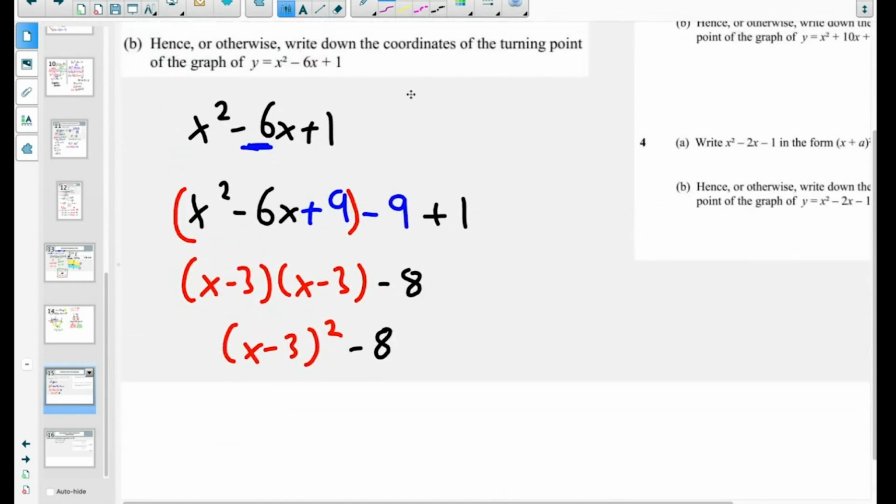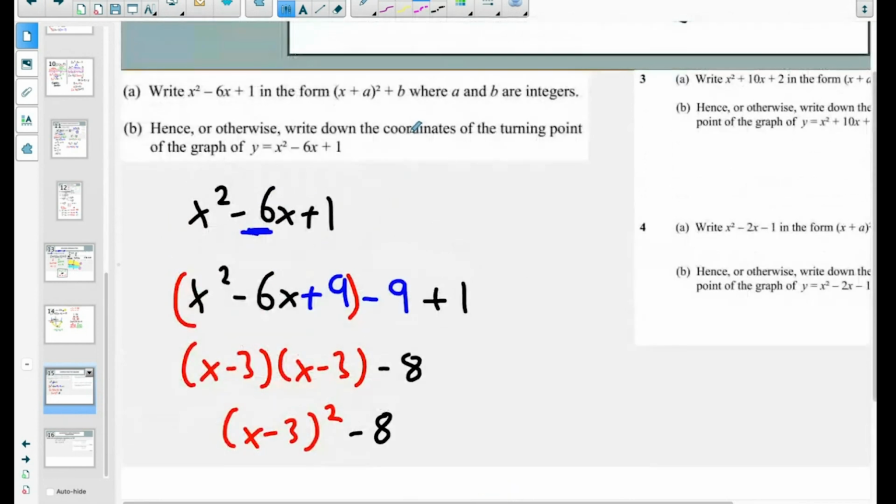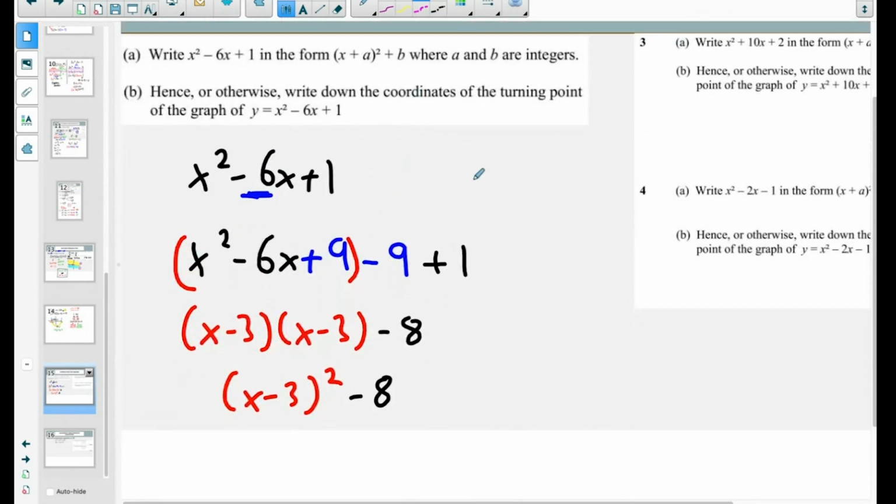So let's go ahead and write down the actual coordinates. So our actual coordinates in this case of our turning point come from our two numbers that we've just found. And again, the way that the question is written here, I'm actually not a fan of it being written as x plus a squared plus b.